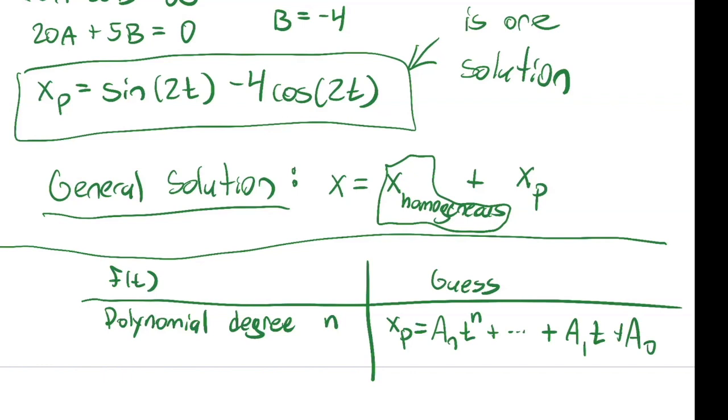And that's what we saw in the first couple of questions. When we had constant, we guessed constant. When we had linear, we guessed linear. When we had cubic, we guessed cubic.